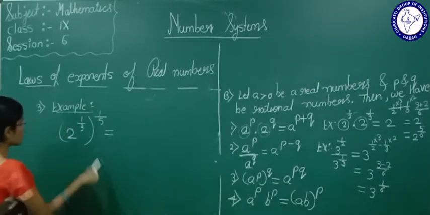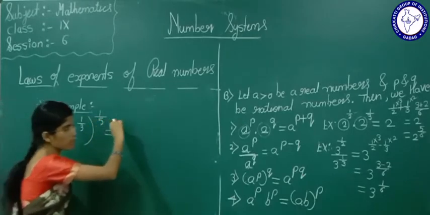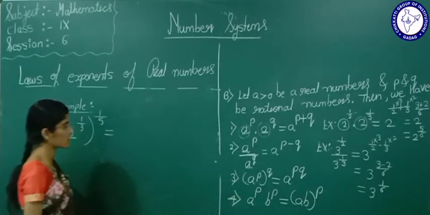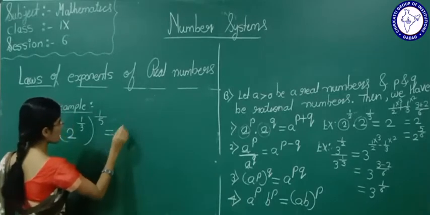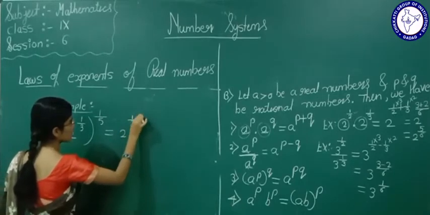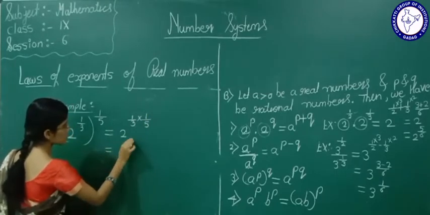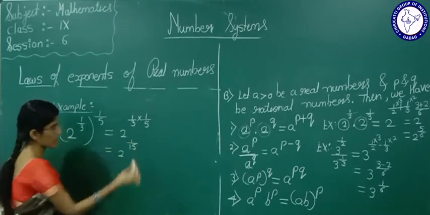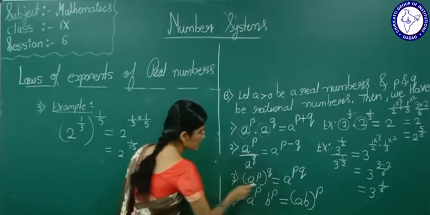Here we are going to apply the third law, that is a raised to pq. It will be 2 raised to 1/3 into 1/5, which is 2 raised to 1/15. This is nothing but the third law.